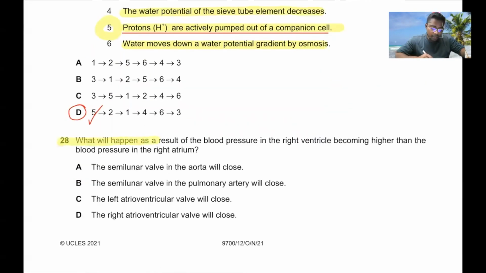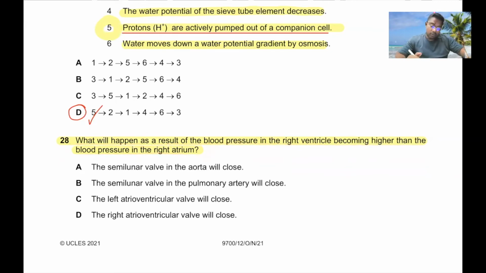28. What will happen as a result of blood pressure in the right ventricle becoming higher than the blood pressure in the right atrium? Okay, so question number 28. What will happen as a result of the blood pressure in the right ventricle becoming higher than the blood pressure in the right atrium?